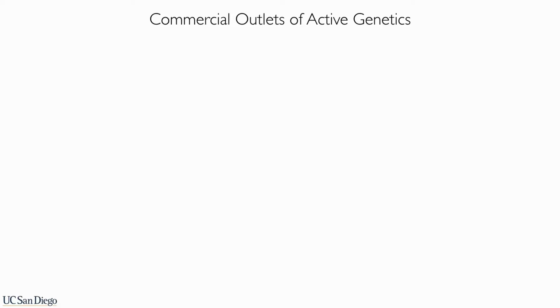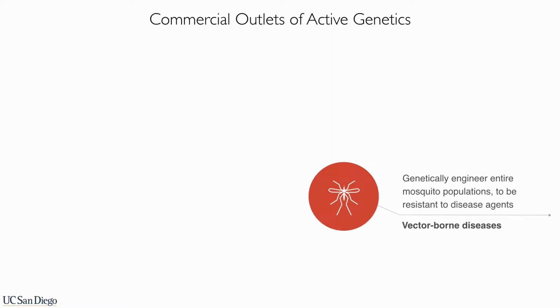Lastly, I'm going to go over the potential applications of this technology, and these are a few examples that we have thought of that could really benefit from this kind of new genetic inheritance. One of them is genetically modifying mosquitoes with the purpose of spreading a genetic characteristic of interest into a whole population.